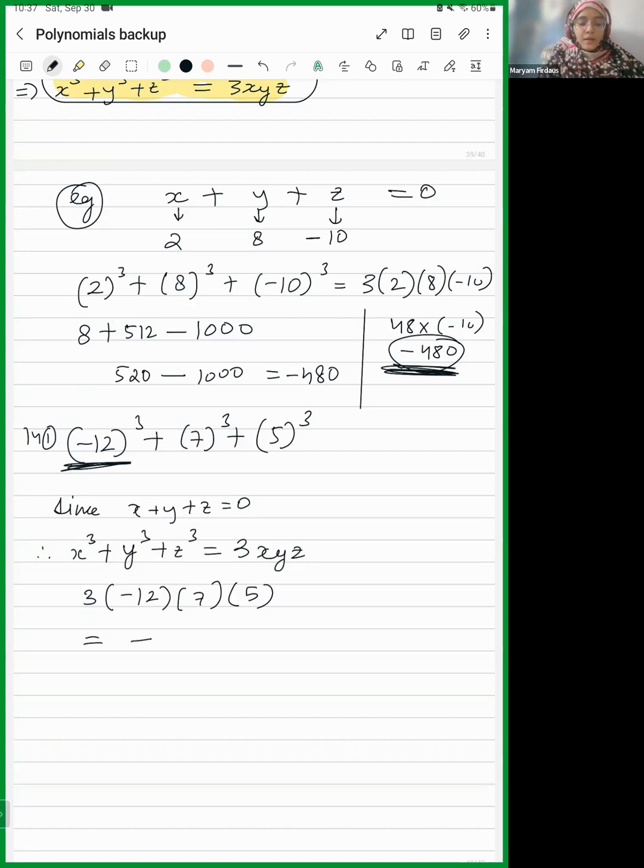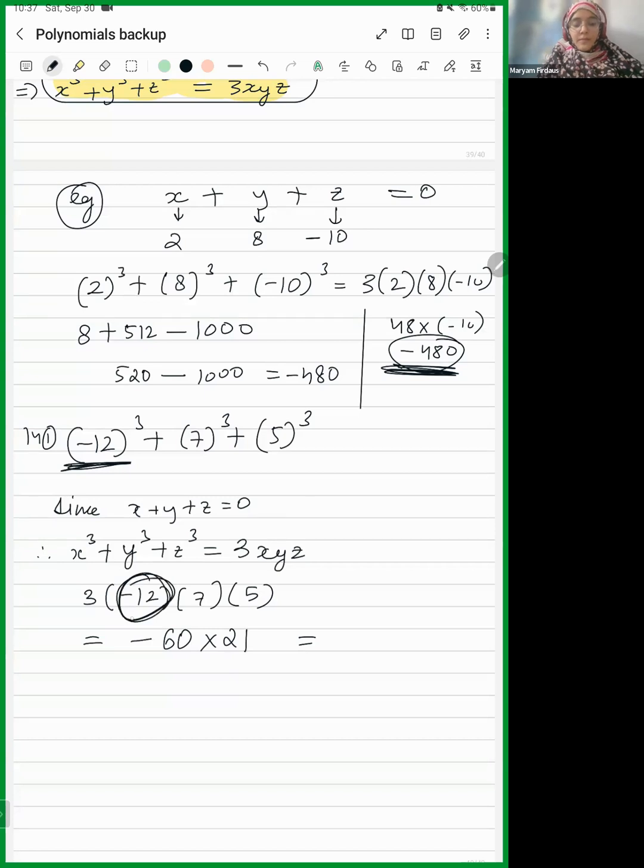See, 12 fives are 60, right? So minus 60 multiplied by 3 sevens are 21. Minus 210, sorry. No, this is not 2, this is 12.